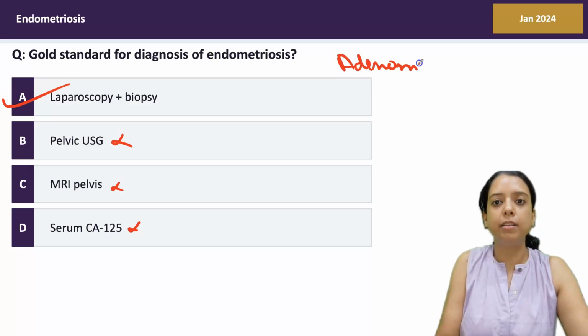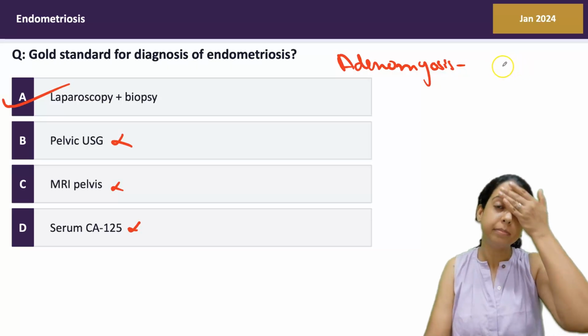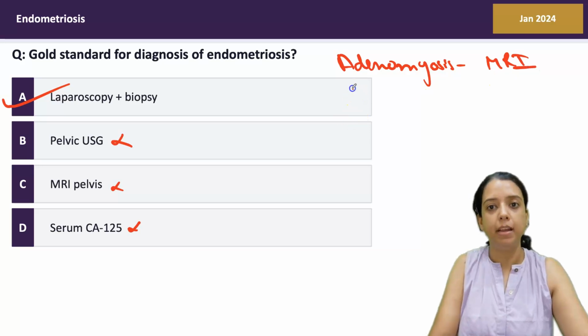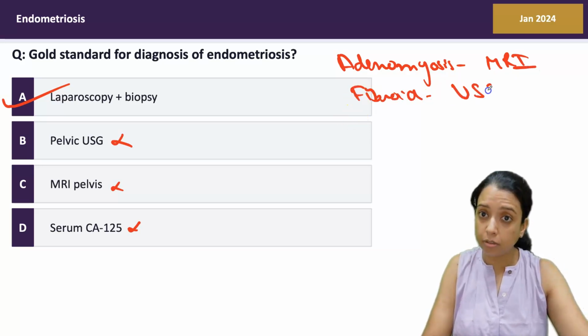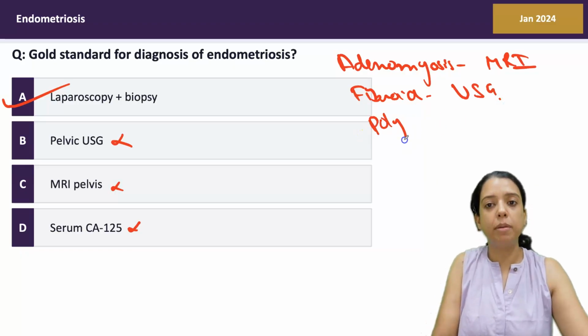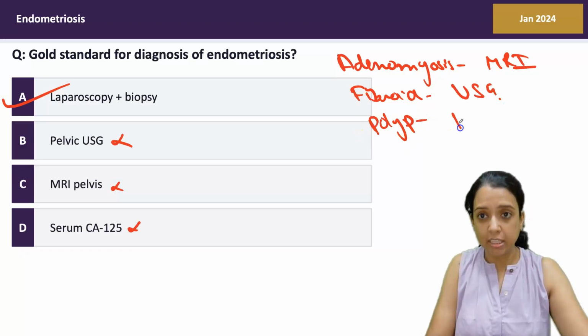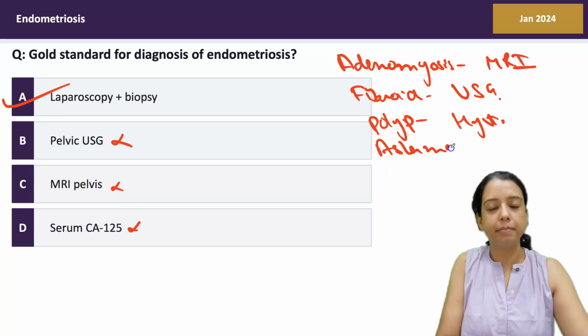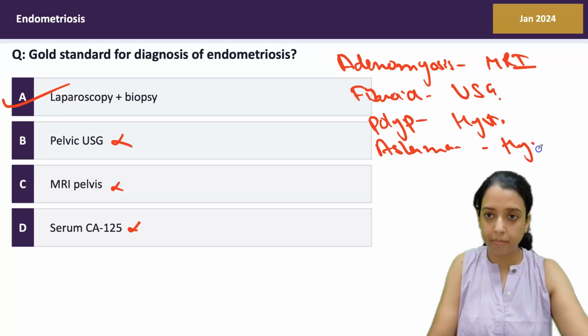What is the diagnostic gold standard for adenomyosis? MRI. It is no more histopathology, MRI. Gold standard for fibroid, ultrasound. Gold standard for endometrial polyp, hysteroscopy. Gold standard for Asherman, hysteroscopy.